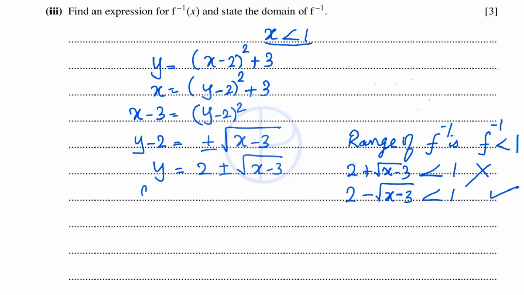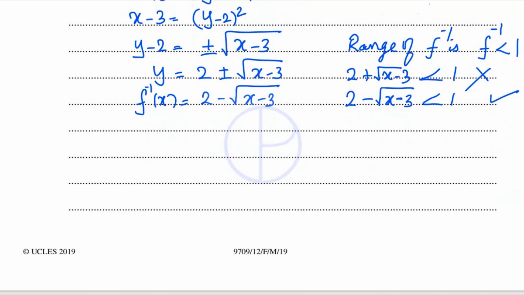So we'll take f inverse of x as 2 minus square root of x minus 3. So f inverse of x is 2 minus square root of x minus 3.